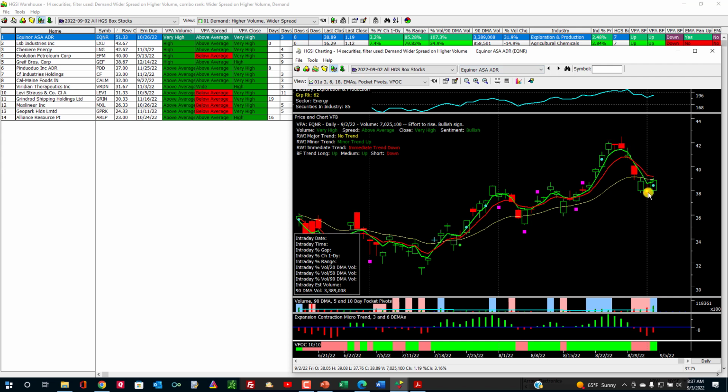Here is one. You can see it sold off. There was an effort to fall the prior day, but it didn't go anywhere, and you can see that the volume's very high, the spread's above average, the close is very high, the sentiment's bullish, and in addition to meeting the Wyckoff criteria, there is an effort to rise.